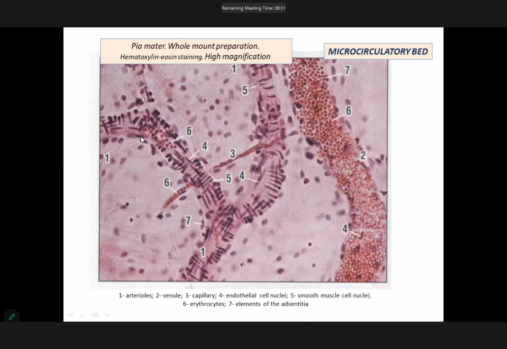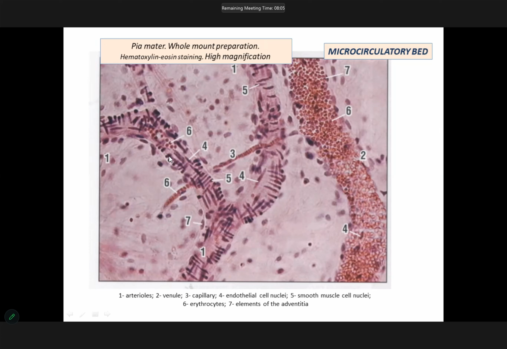If the smooth muscle cells are located on the lower or upper side of the wall of this vessel, their nuclei look like elongated, transversely located lines. If the smooth muscle is located on the side of the wall of this vessel, its nucleus will look like a dot.